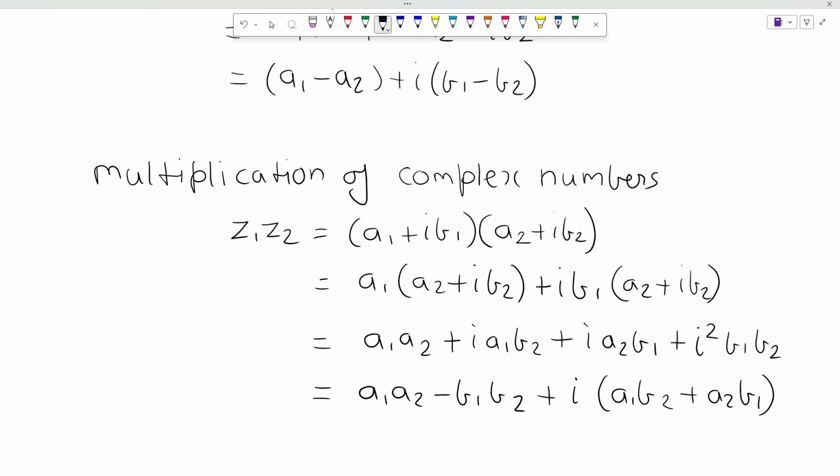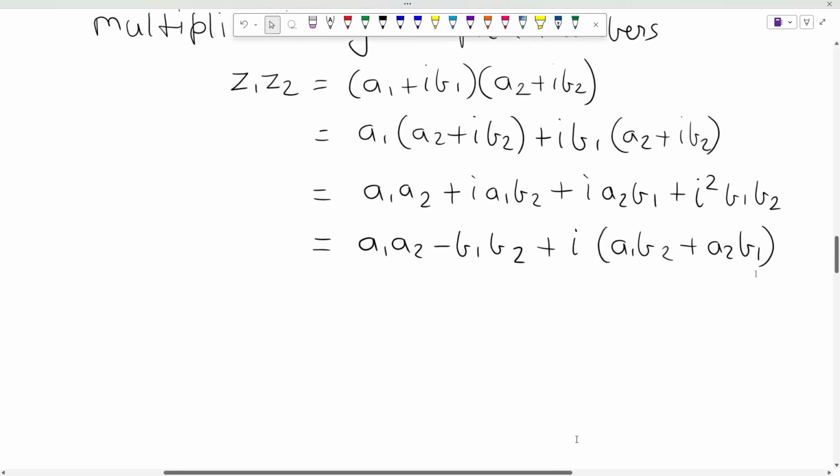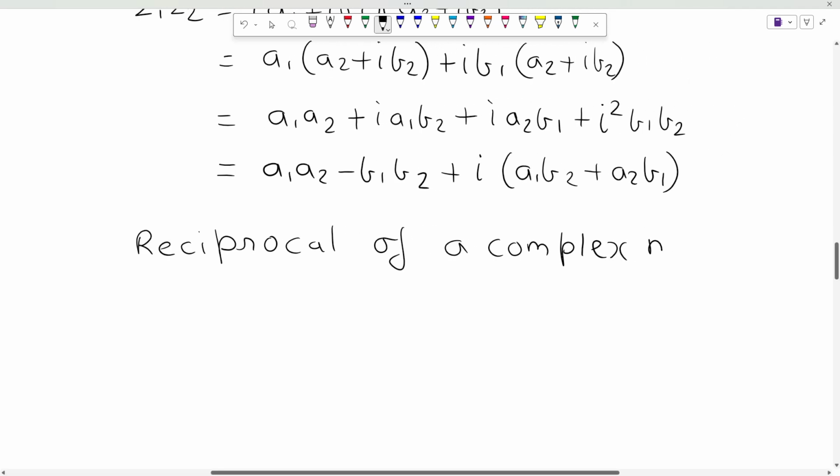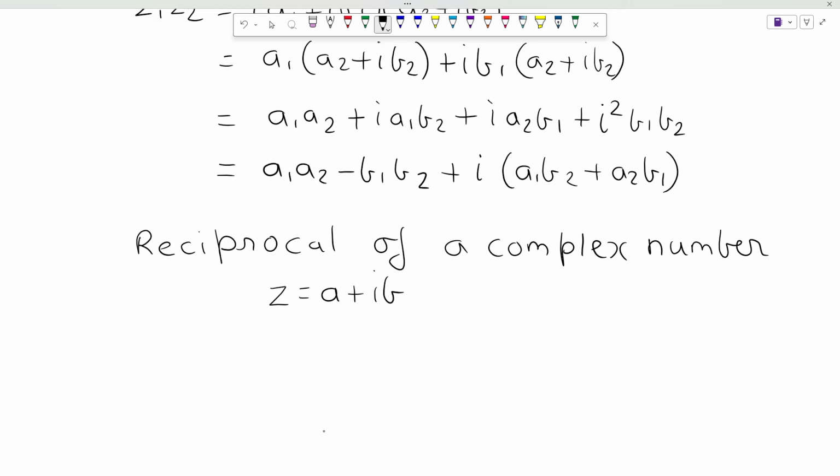Now let us see division. But before division, let us do the reciprocal of a complex number. Okay, now let z be equal to a plus iota times b.